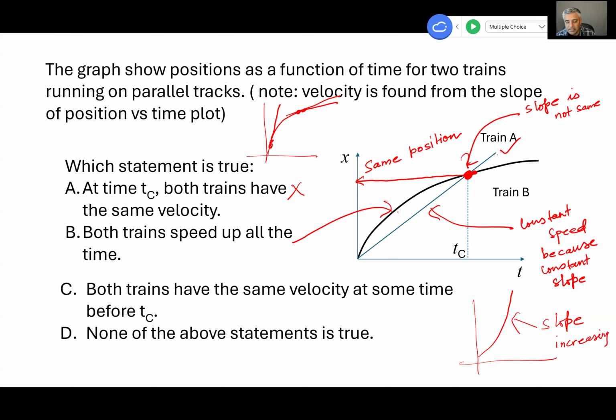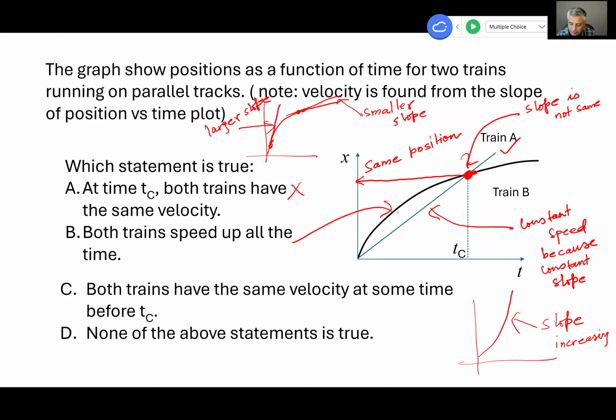So which slope is bigger? Later slope? Smaller slope? Bigger slope or larger slope? Slope is decreasing. Slope decreasing means velocity is decreasing. Okay.